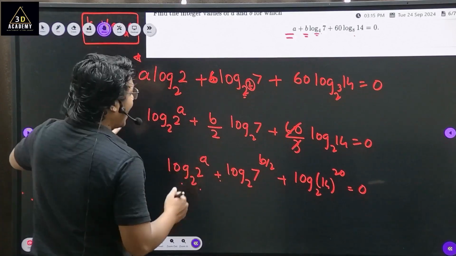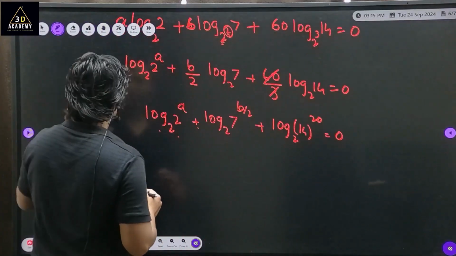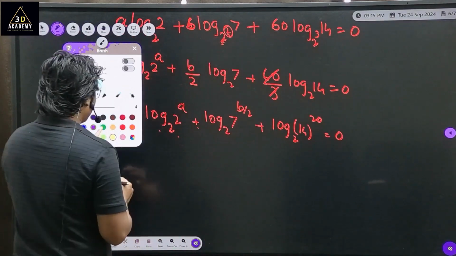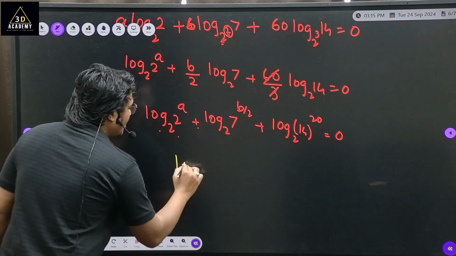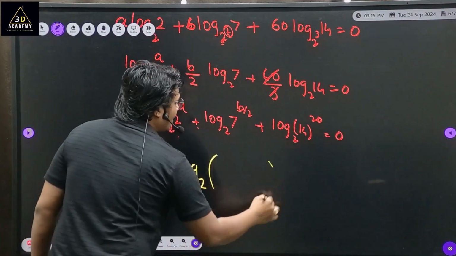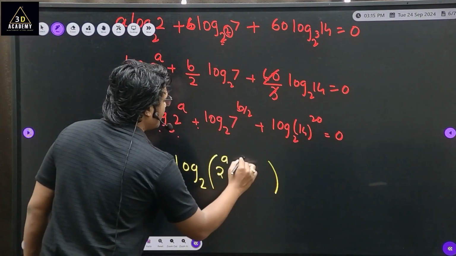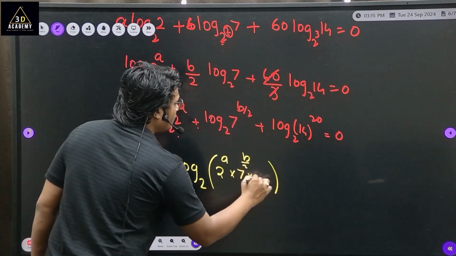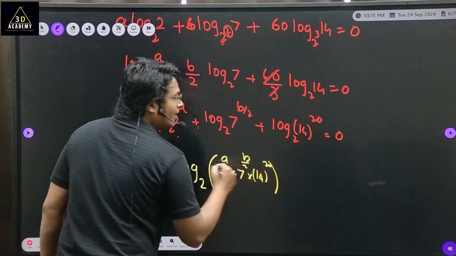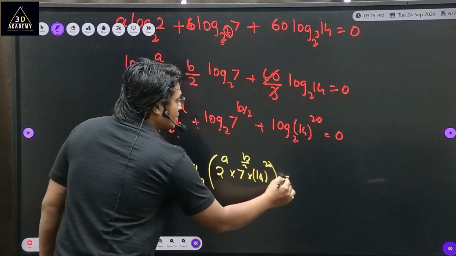It means I can multiply them all, correct? So now when I multiply, what will I get? 2 raised to power a into 7 raised to power b upon 2 into 14 raised to power 20, correct? That is equal to 0.